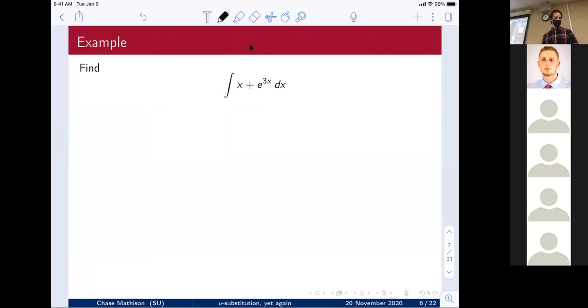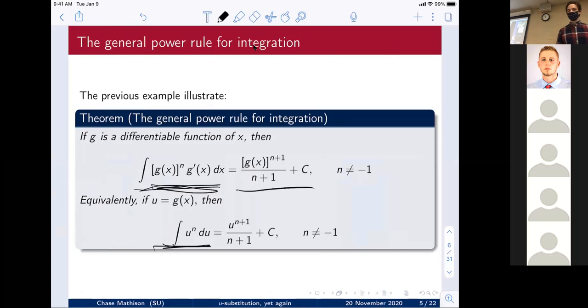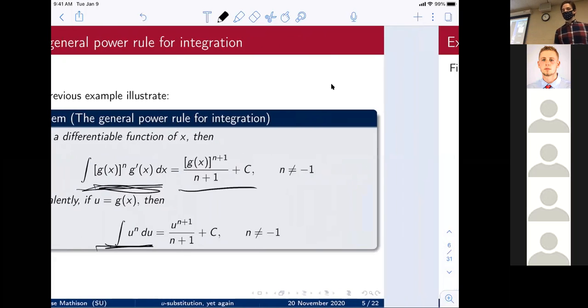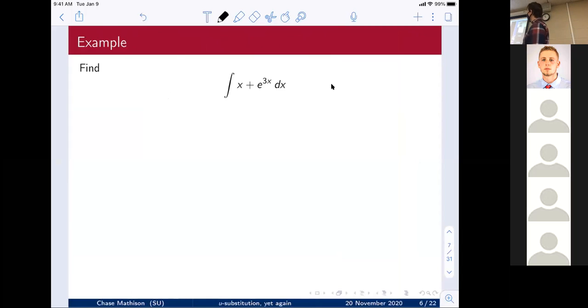So let's use this. Find the integral of (x plus e to the 3x). Is this something new to u substitution? No, this is just a specific application of u substitution, this general power rule. So let's find this integral.